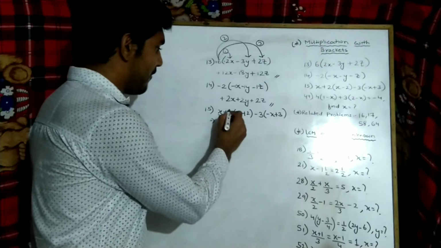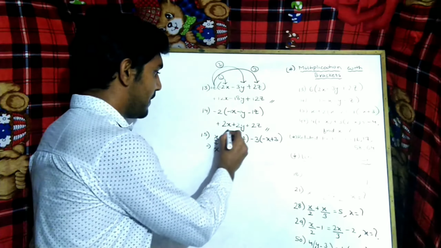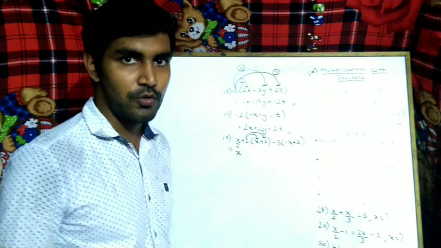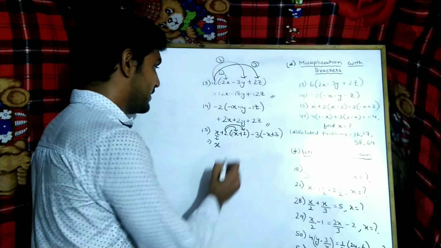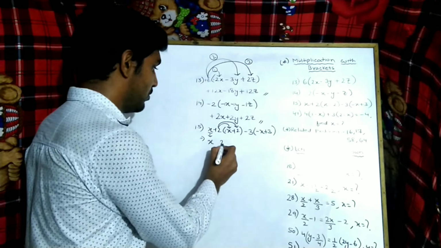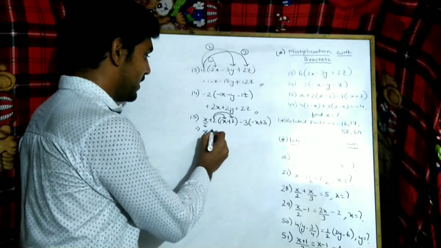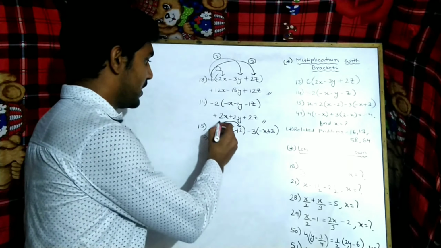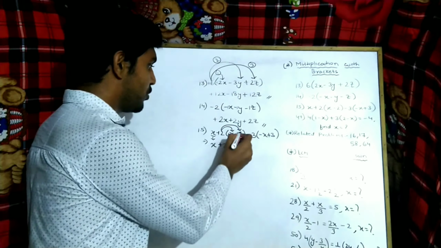Now I will multiply each term like this. Before we did it, like this only we do. So 2 into 1, 2x, plus plus will be plus. Now 2 into 2, plus plus will be plus, and 2 into 2, 4. Now it's completed. Now minus.